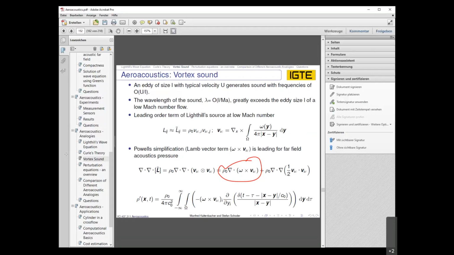If the lambda vector is more or less constant all over the domain, then nothing will happen, first of all because the wave equation doesn't propagate it, and second because there is no spatial variation. It's also important that we have a spatial variation. Okay, thank you.